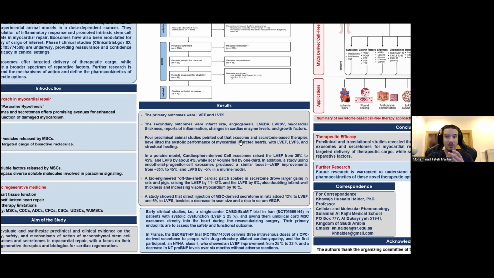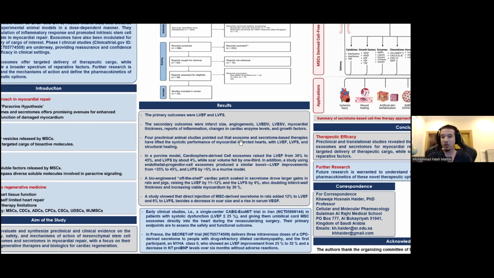The first participant who had the procedure was NYHA class 2 and showed a left ventricular ejection fraction improvement from 25 to 32 after the injection, and also a decrease in the NT-proBNP natriuretic peptide level at a 6-month follow-up interval. Also, he did not have any immunogenicity or adverse reactions.